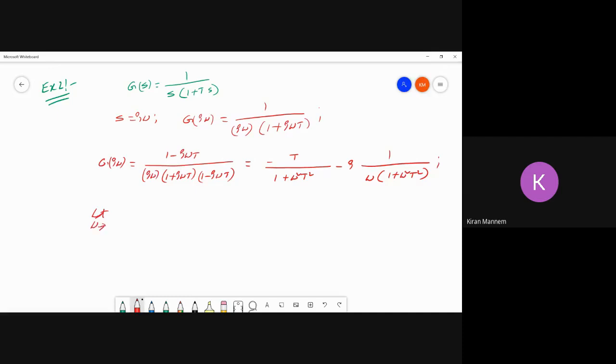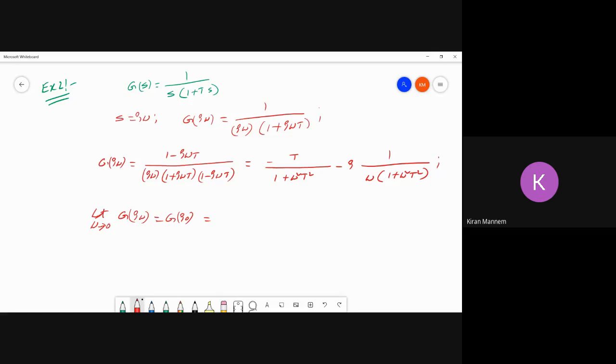Limit omega tends to 0, G of j omega is equal to G of j0, which is minus t by 1 plus omega square t square. So omega will be 0 here, minus t by 1.